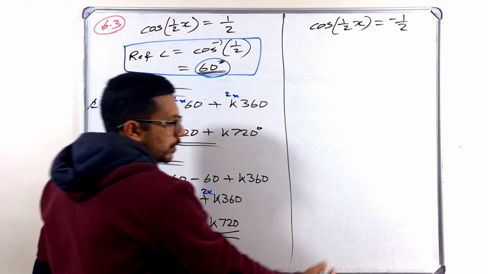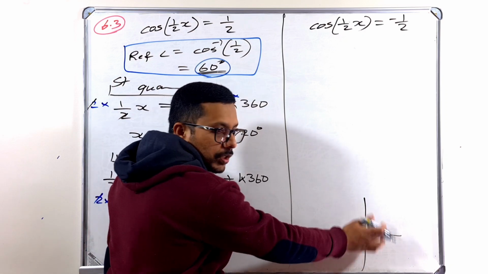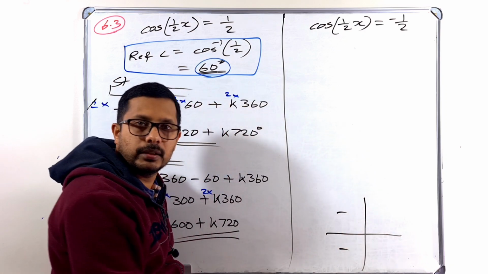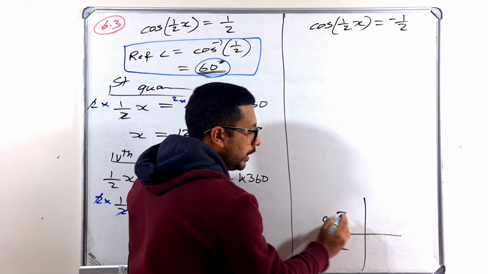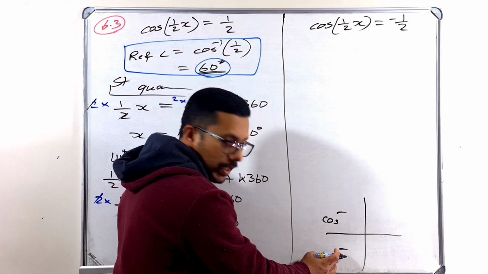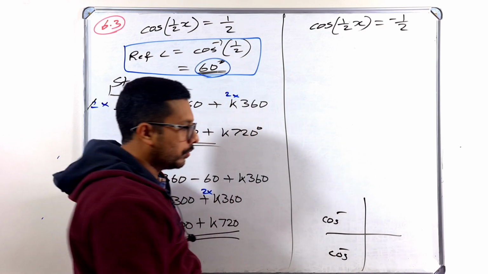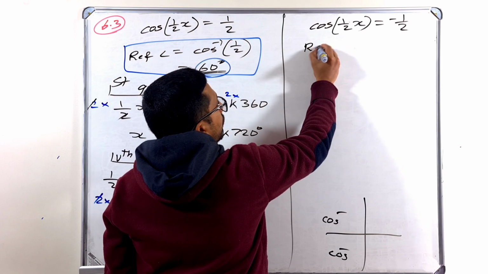So cos is negative in which quadrants? Here cos is positive, that means cos is negative in the second and third quadrant. Am I right? Here cos is negative because there sine is positive, tan is positive. So what is the reference angle?